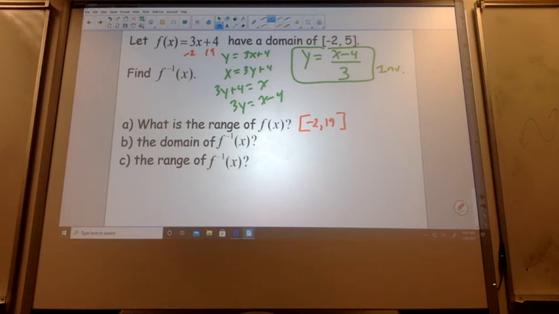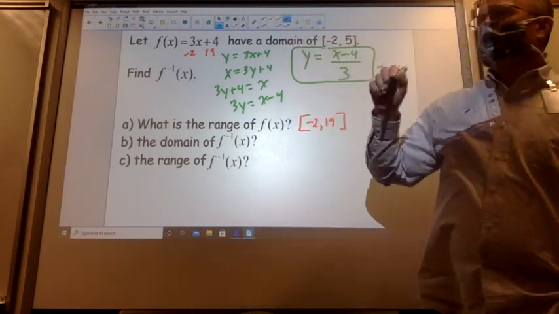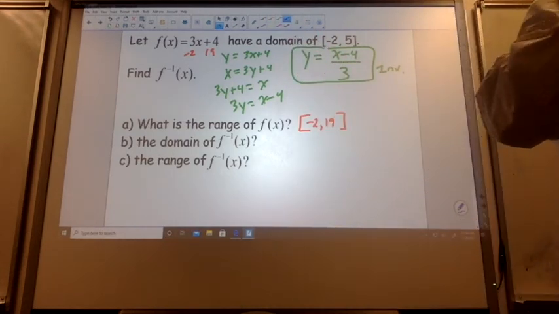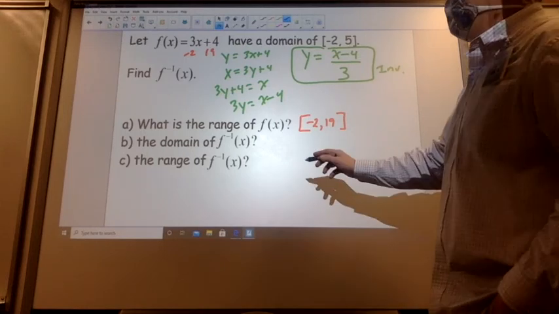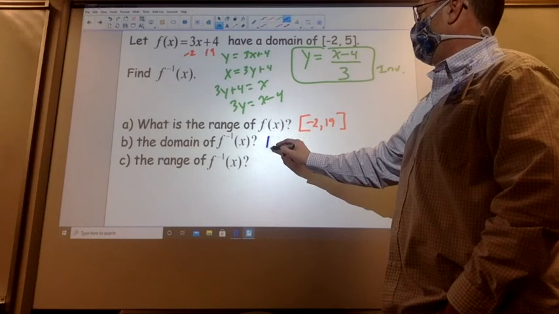Now we have the easiest answers on the entire day. And if you see this trick, this kind of problem is done real fast. Ready? So when I go to find the inverse, I flip-flop x and y. I flip-flop domain and range. So what's the domain of the inverse?